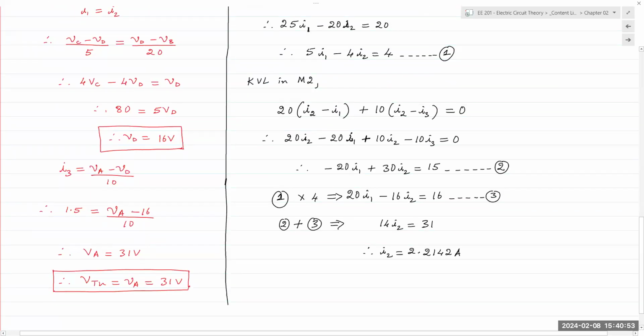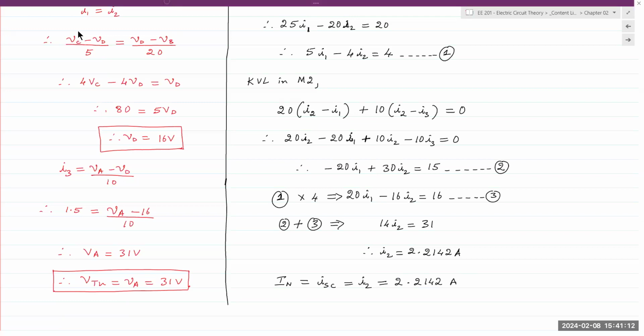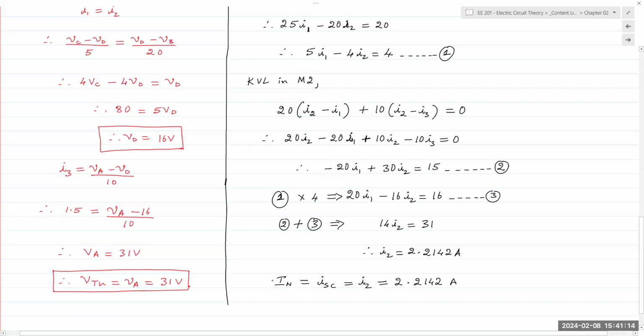And we had already established that our Norton current is ISC, which is the mesh current I2. And so my Norton current is 2.2142. And that is my answer.